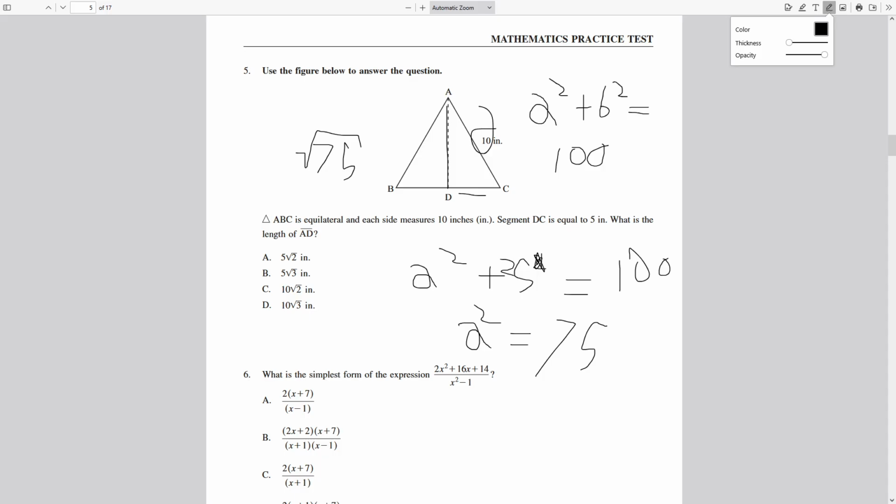The answer is the square root of 75. But I guess I can simplify that more, maybe. It's irrational. What is 5 times the square root of 2?